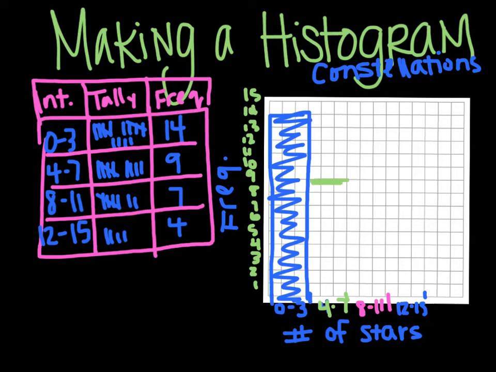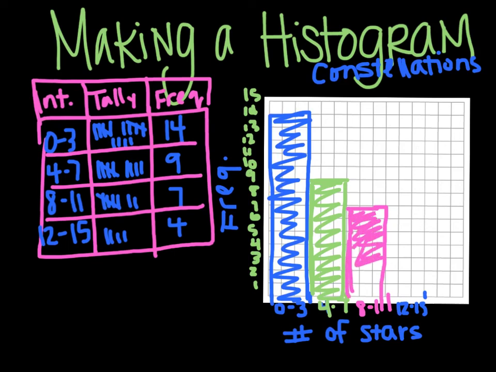The big thing that you have to remember is that your bars have to be butted up right next to each other. They have to be touching each other. Okay, there's no spaces in between. And then you have to have consistent intervals. So as long as you have those two things, that makes your graph. 7 is the next one. And notice the thickness of my graphs is staying the same.